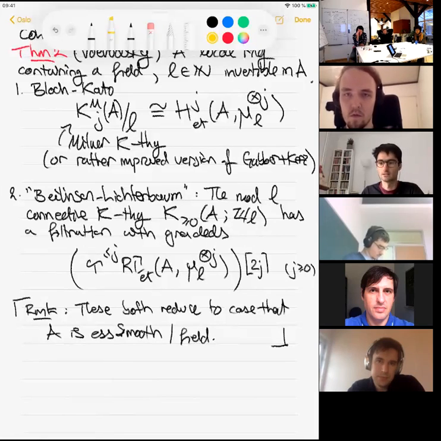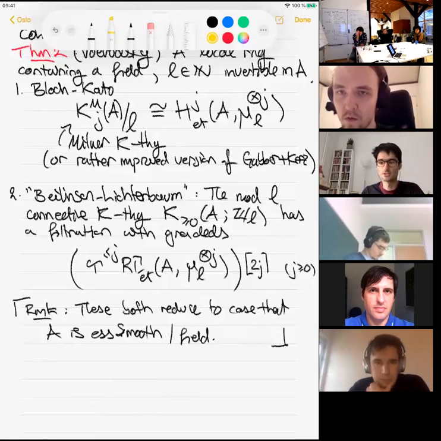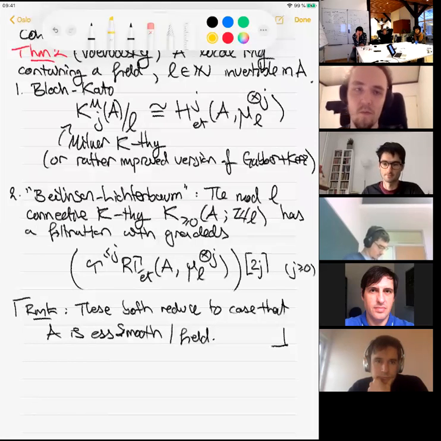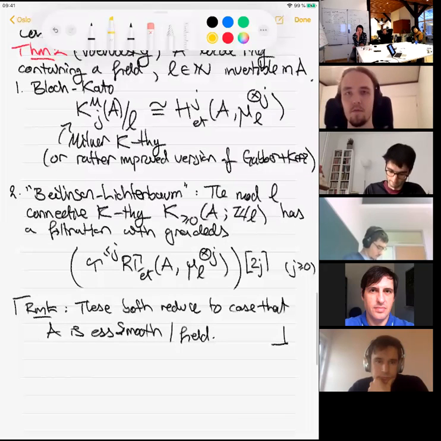In particular, just looking at the étale cohomology of the mu p sheaf is not going to give you the right cohomological invariant in characteristic P. Okay, thanks.